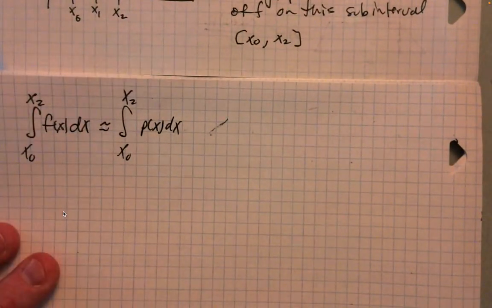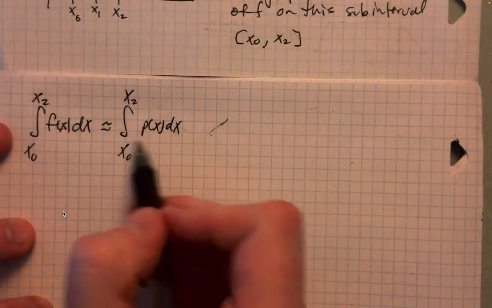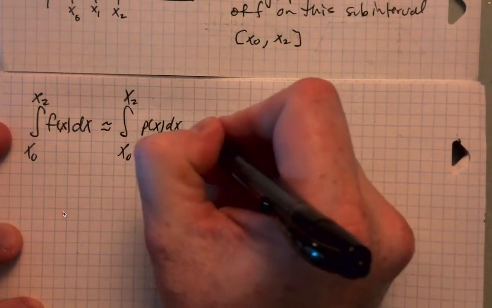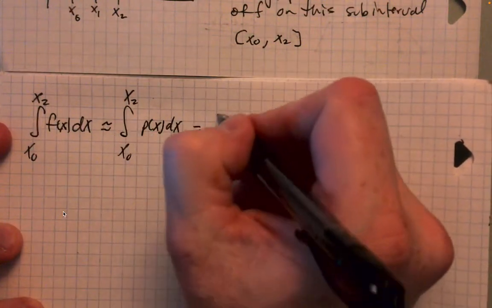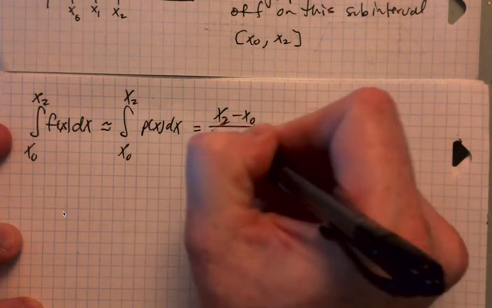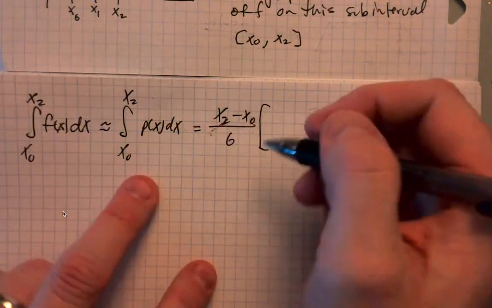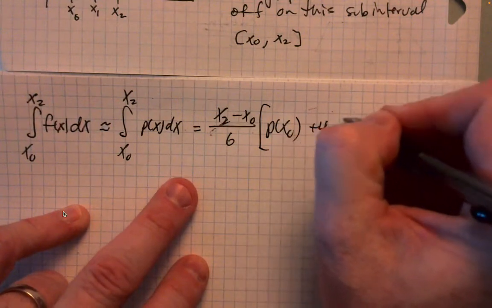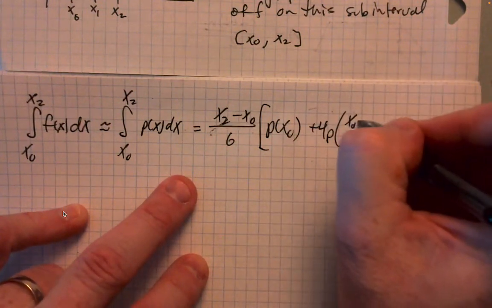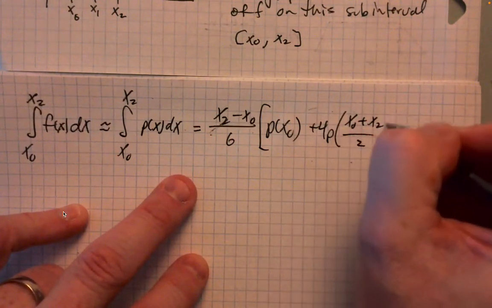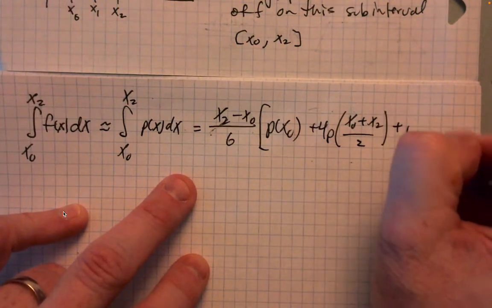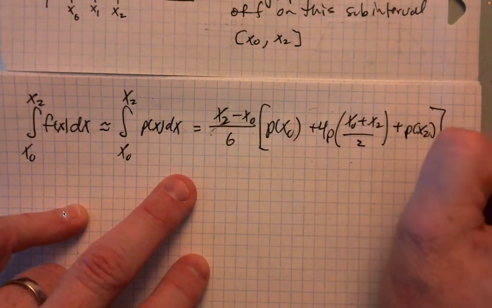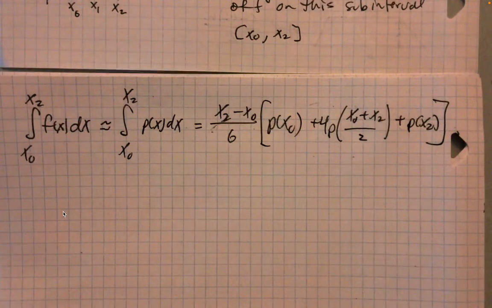Then this can be evaluated as x2 minus x0 over 6, right? We just went through this, so it's p of x0 plus 4p of (x0 plus x2)/2 plus p of x2. So that's just the theorem that we previously looked at.